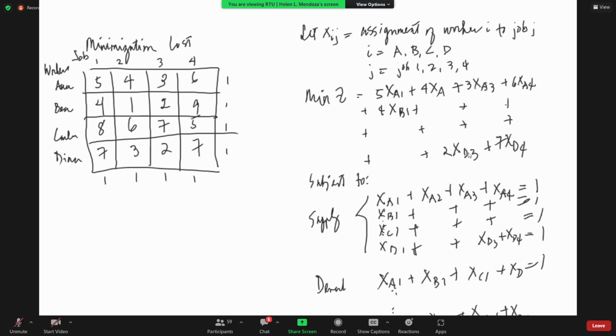And that is equivalent to 1. So X non-negativity, greater than or equivalent to 0. Sabihin, ang pwede mo lang makitang value dyan, 0 o yun siya, 1. Kanino mo siya i-assign.